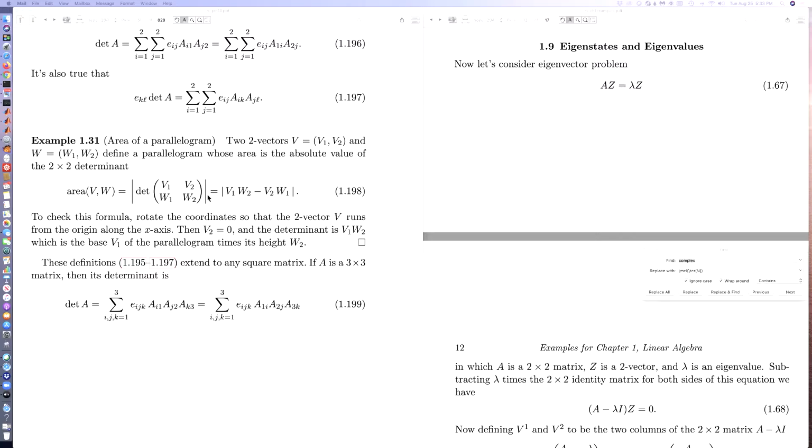And one way to check the formula is to take the vector V and lay it on the x-axis with its tail end at the origin, and then form the parallelogram, and you can see that its area will be this.